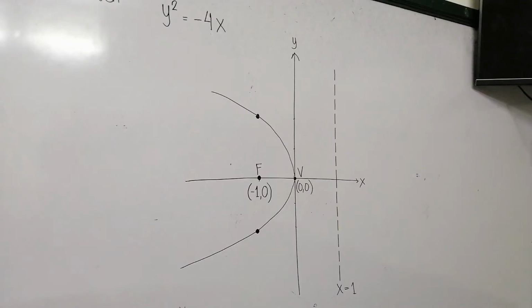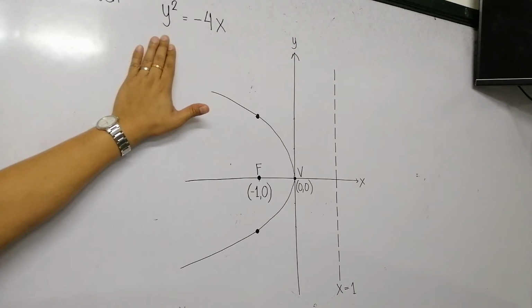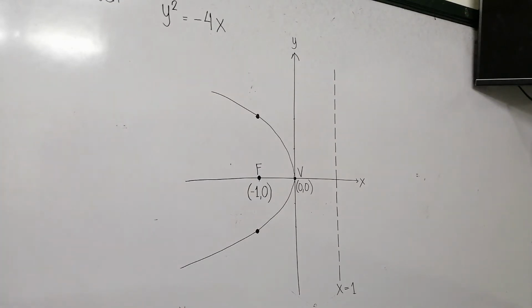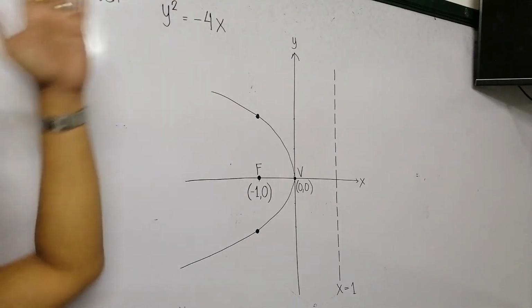Okay, this time let us sketch the parabola with the given standard equation y squared equals negative 4x. So let us also complete the coordinates of the missing points. Given the standard equation y squared equals negative 4x, we know that this one will open to the left.